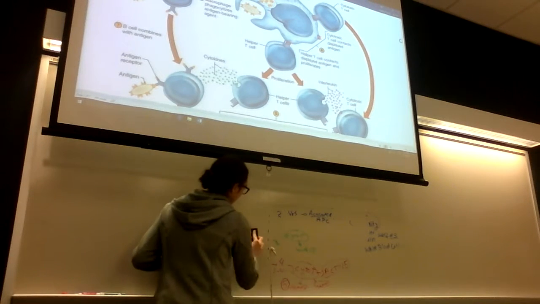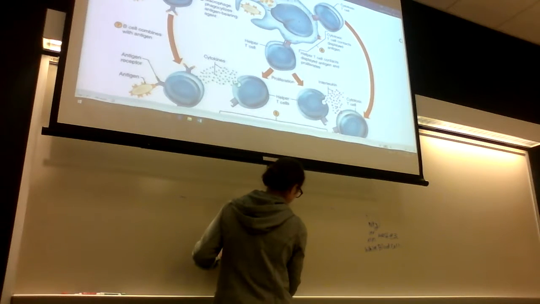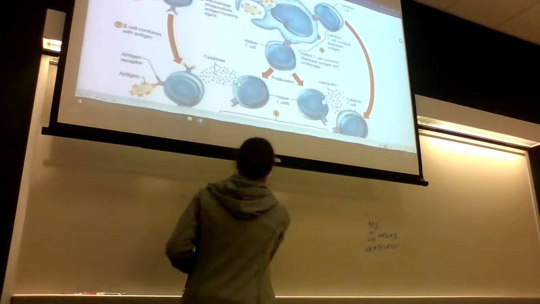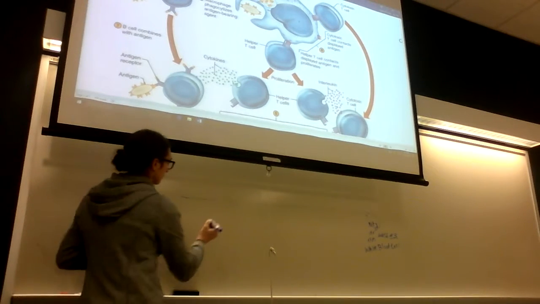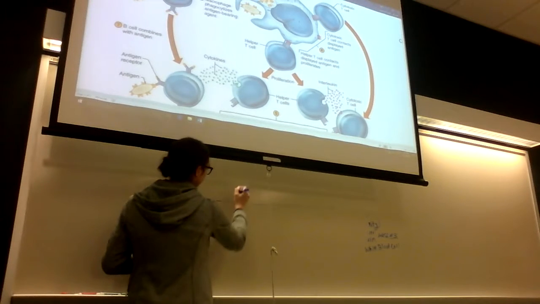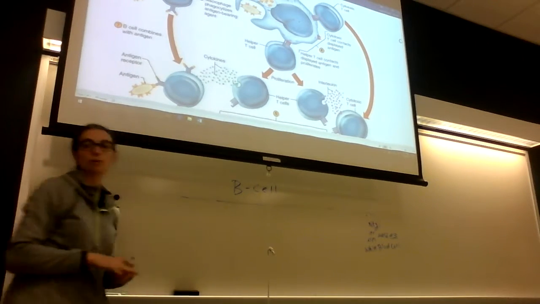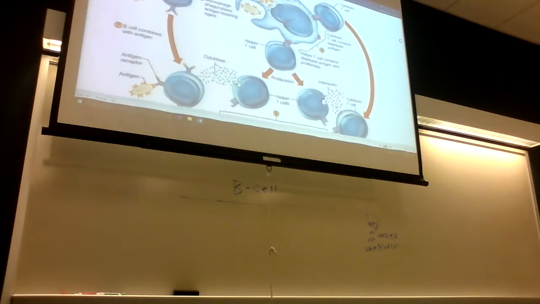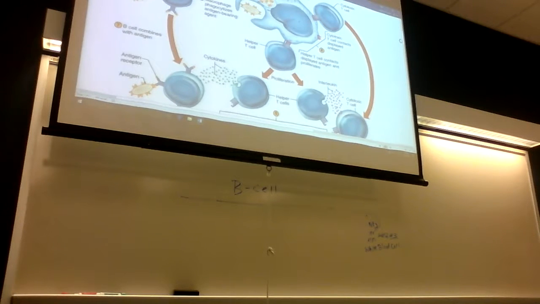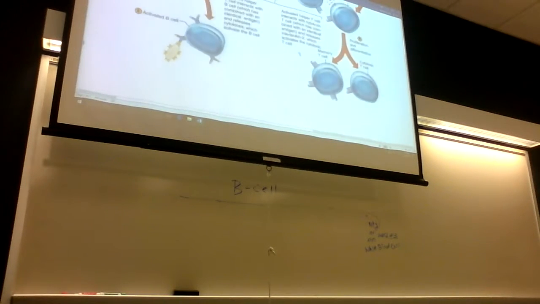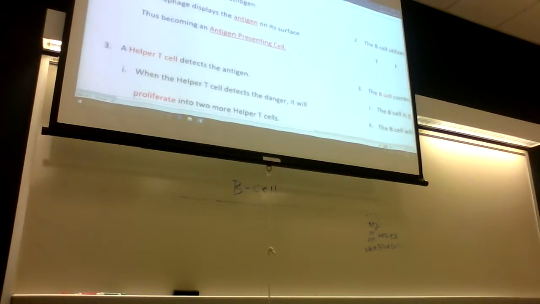So next we're going to have B cells, right? Just looking on that side of the picture. B cells, also humoral immunity. So it's going to be this side. You have your helper T's here, you have your B cells here, your antigen-presenting cell. Just like the other picture, I'm going to divide it.